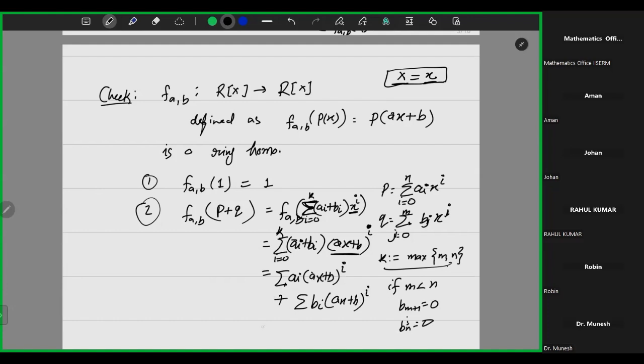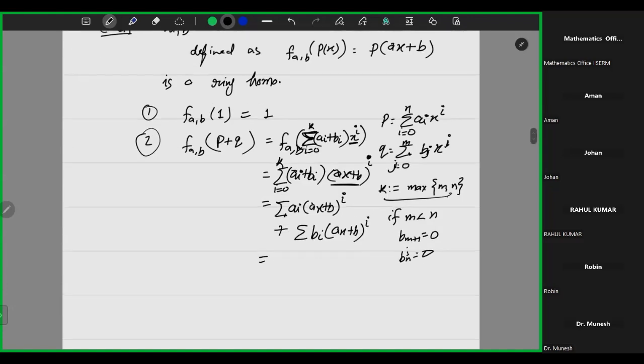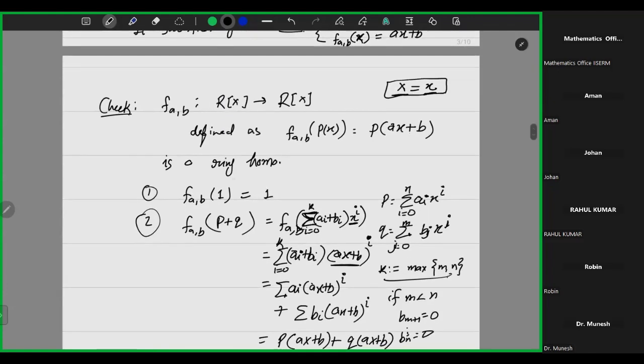I'm not writing the index, so you can write it explicitly if you wish. The first one is nothing but p of ax plus b, and the second one is q of ax plus b. You can check the third one also, this is an exercise. So F_AB is a ring homomorphism.